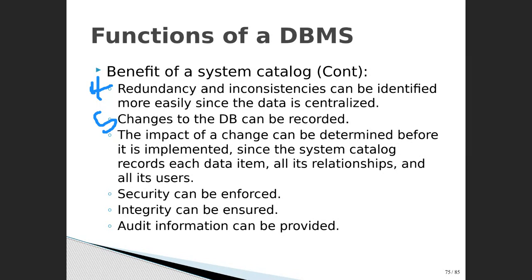Number five, any change can be recorded. Number six, the impact of a change can be determined before it's implemented, because it records all data items, all relationships, and all its users.